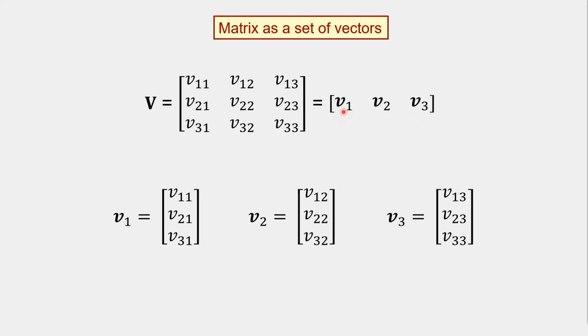We normally make it bold to specify that it's a vector. We normally specify a matrix with an uppercase bold letter. Anyway, in this case, our matrix V can be considered as vectors v1, v2, v3, and here's each one of these vectors. They are simply the columns of big V.